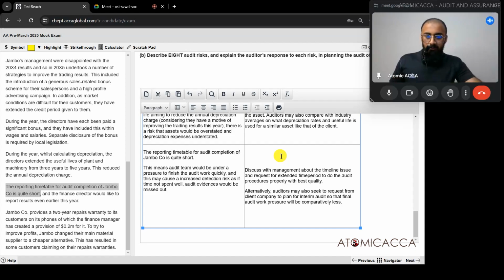Okay, that should be enough. Oh, one more point we mentioned was about hiring more audit team members.